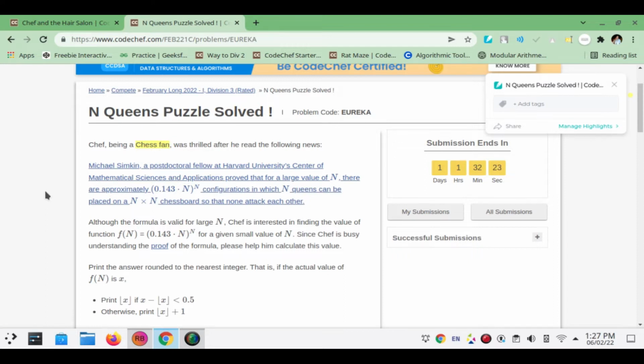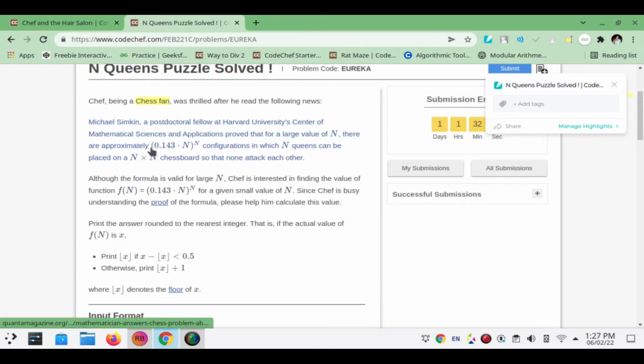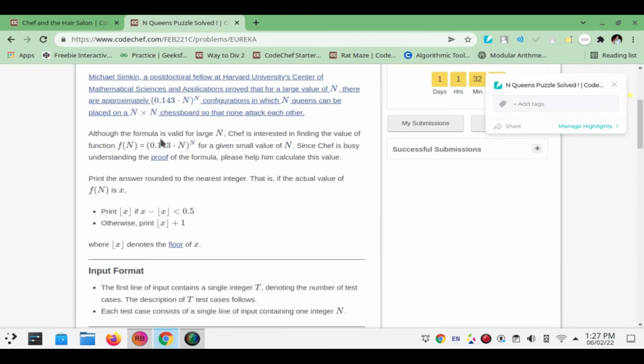What I'm getting is simply that n queens can be placed on an n cross n chessboard so that none attack each other. Although the formula is valid for larger n, we have to find the value of f of n, and f of n is defined something like that.